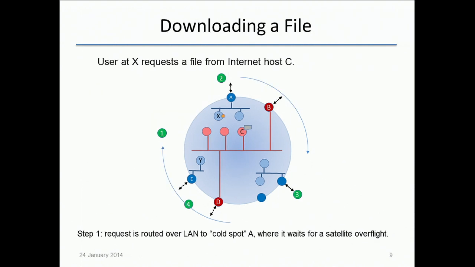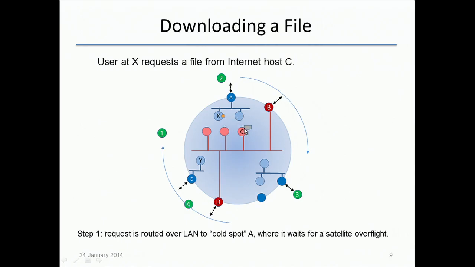So as an example of downloading a file using this infrastructure, let's take this picture here. We've got a user at node X here that is requesting a file. This little blob is the file request, and here's the file that it wants to download.